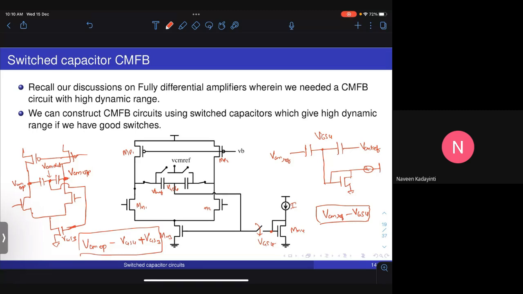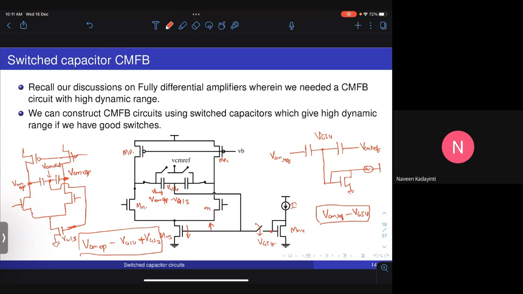Now after switching, this goes to VCM of the output minus VGS3. Nominally you size the transistor so that the current here and the current required in this branch is such that these two VGSs are almost equal. So VGS4 can be nominally made close to equal to VGS3. But if VCM of the output is more than the VCM ref, then once you switch back, this voltage will become slightly higher.